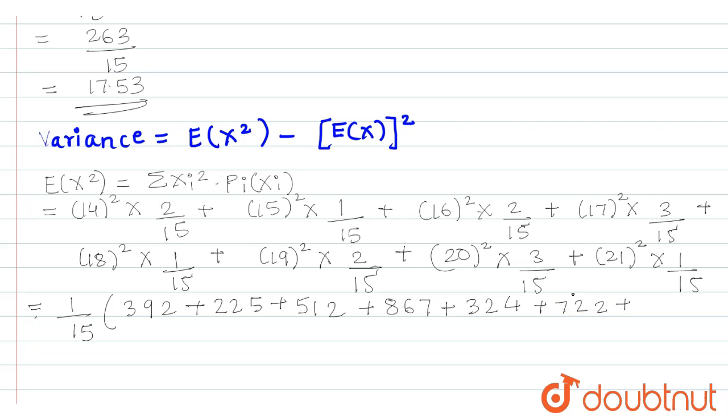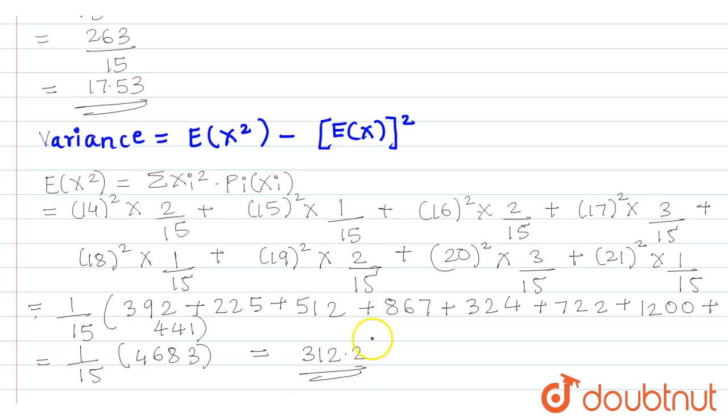So we know 20 square is 400 and 400 times 3 is 1200. And the last part is 21 square. So we know 21 square is 441. Now adding the bracket part, the answer is 4683. Now dividing 4683 by 15, the answer is 312.2.